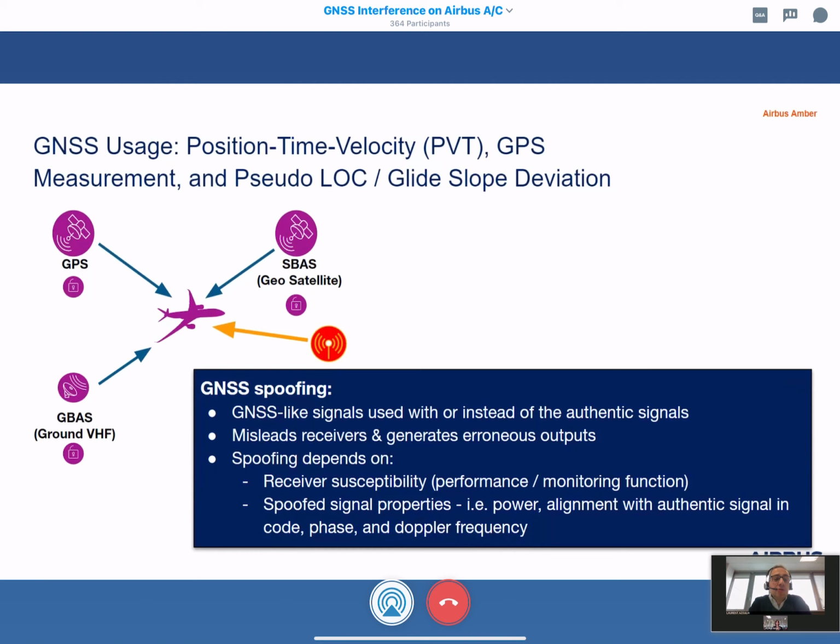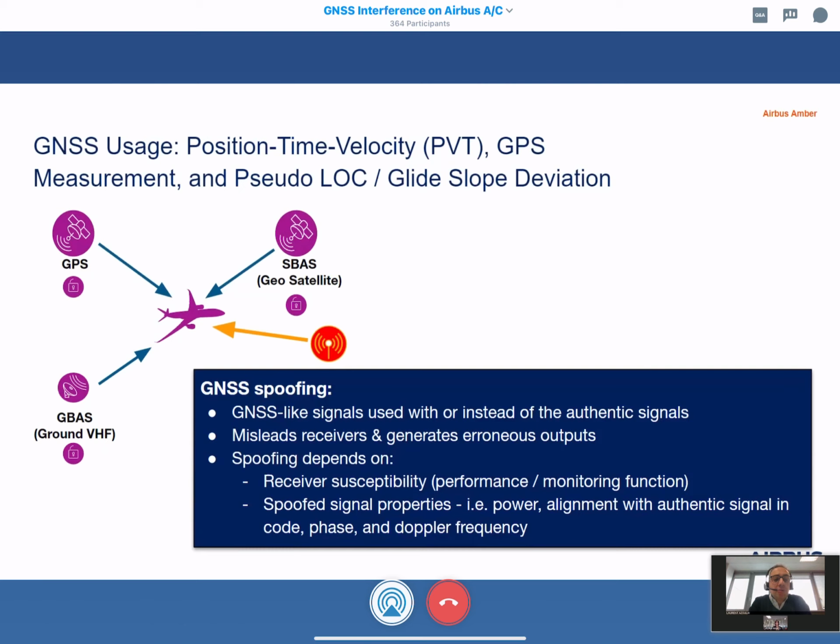So the case of GNSS spoofing is the fact that an emitter will provide GNSS-like signals that replace the authentic signal, and this replacement will mislead the receiver and could possibly generate erroneous outputs.